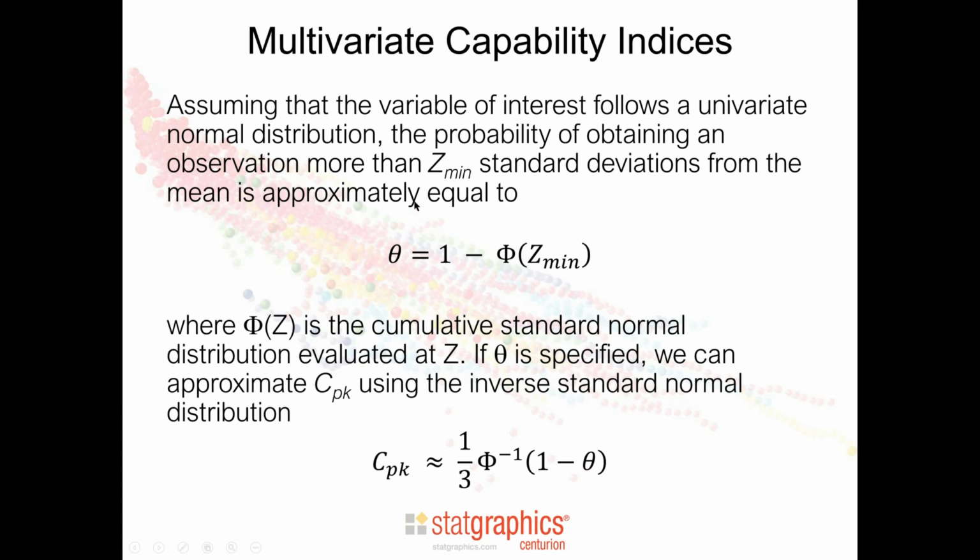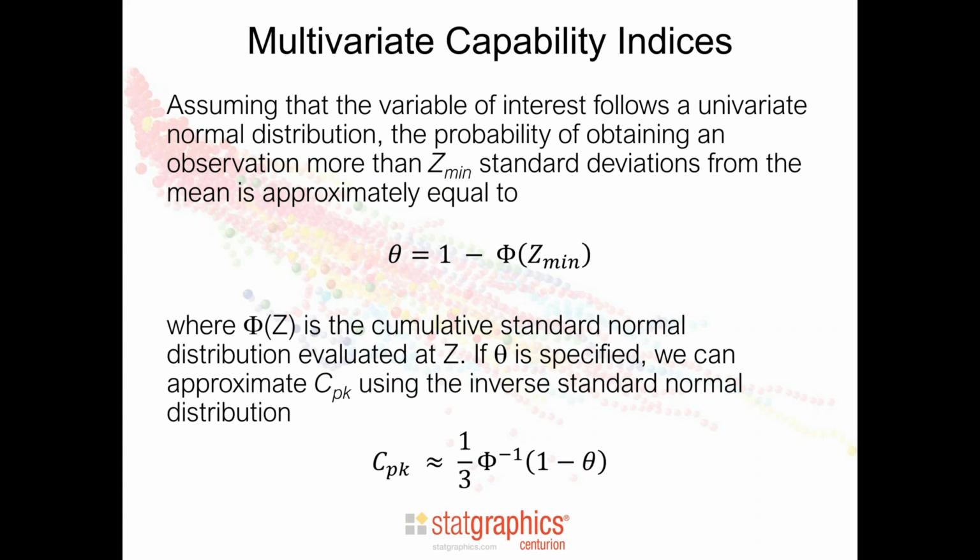Now I say approximately equal to because if you do have both an upper and a lower specification limit, this particular formula is neglecting the second limit, the larger value of Z. In most practical cases, one Z will be considerably larger than the other.